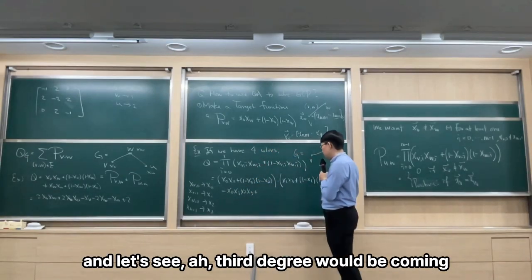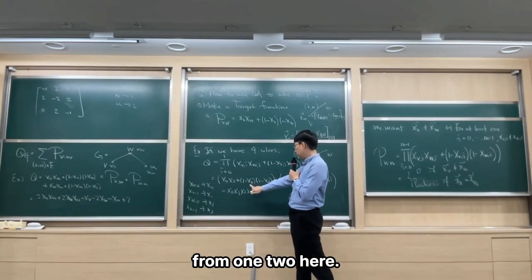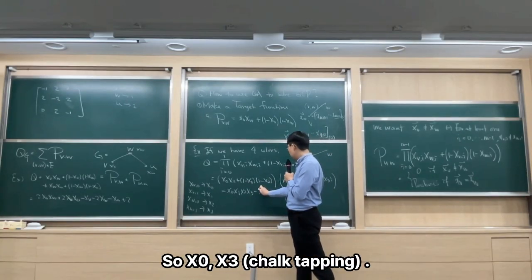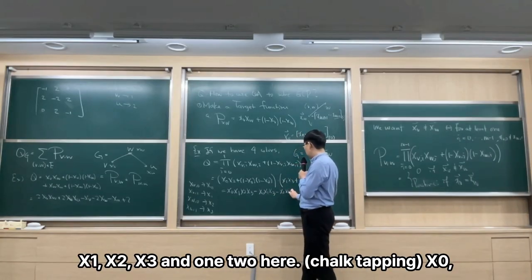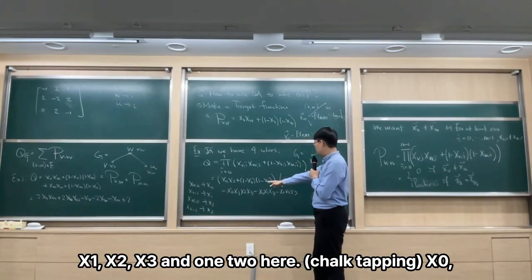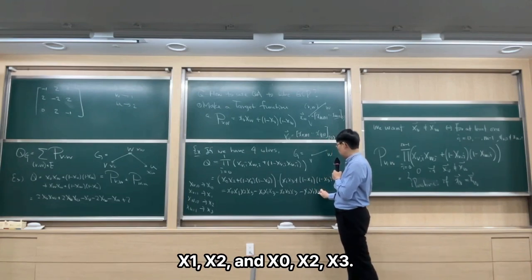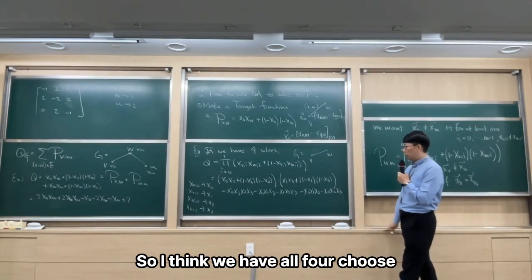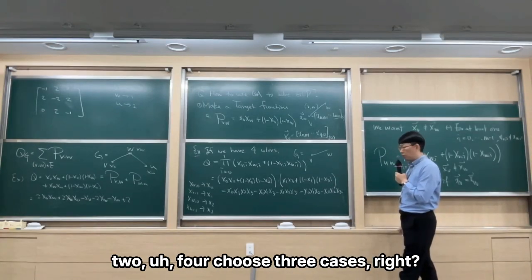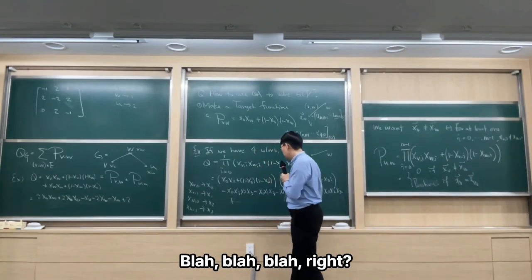And third degree could be coming from these: x0 x1 x3, x1 x2 x3, and x0 x1 x2, x0 x2 x3. So I think we have all the 4 choose 3 cases, right? And something else follows.